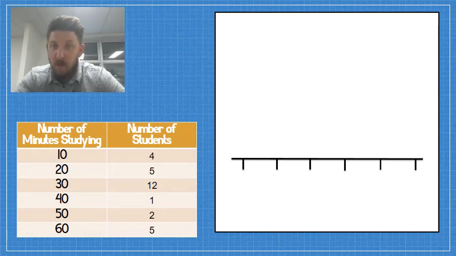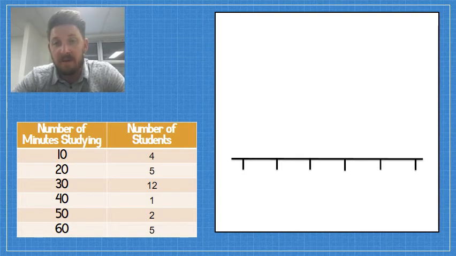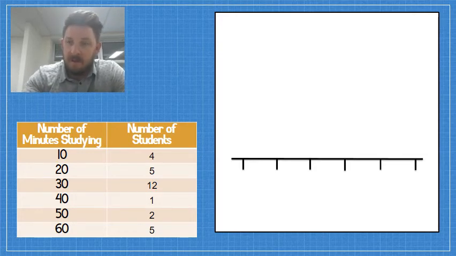Now, you can see that I've already, on this right hand side of your screen, drawn in my x-axis, and I've already put the correct distances between each of my marks to make sure that my intervals are exactly the same. Now what I need to do is put down what my different options are.